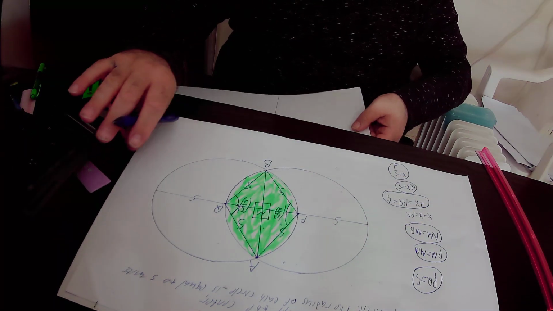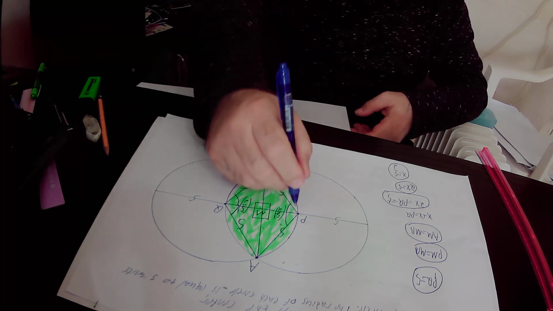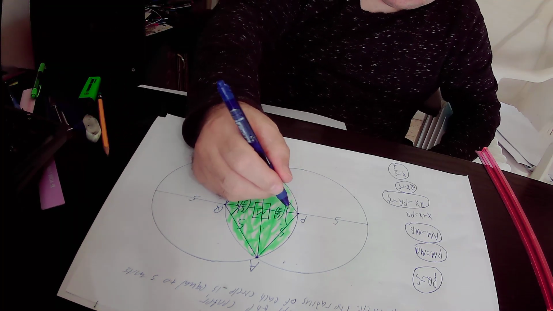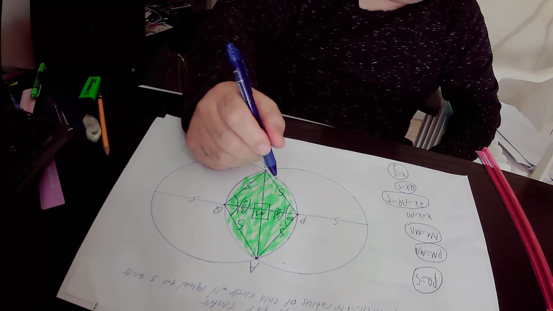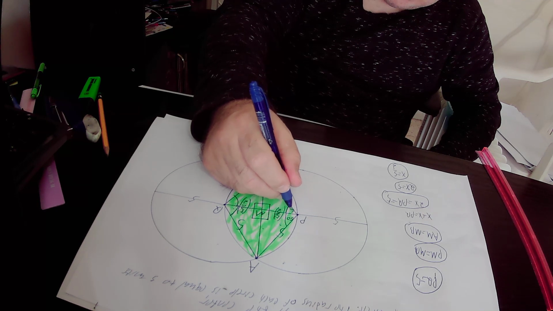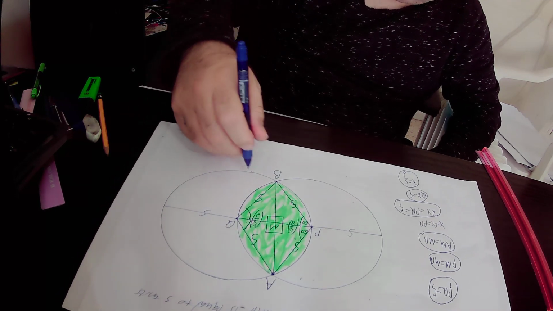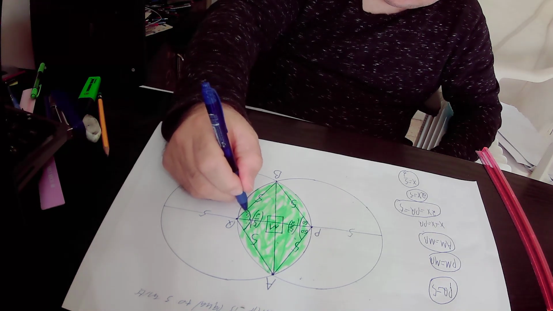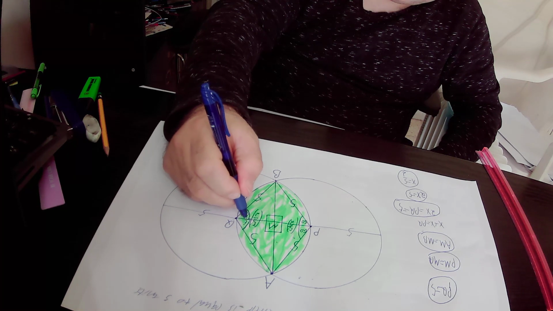So I write it down. Angle APM equals 60 degrees. Angle BPM also equals 60 degrees. Angle BQM equals 60 degrees. And angle AQM also equals 60 degrees.